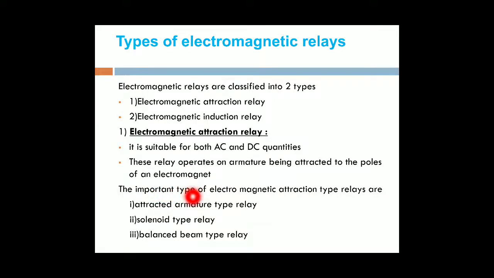The electromagnetic attraction types of relays are divided into three types. First one is the attracted armature type. Second one is the solenoid type. Next one is the balanced beam type. These are the three important types of attraction type electromagnetic relay.